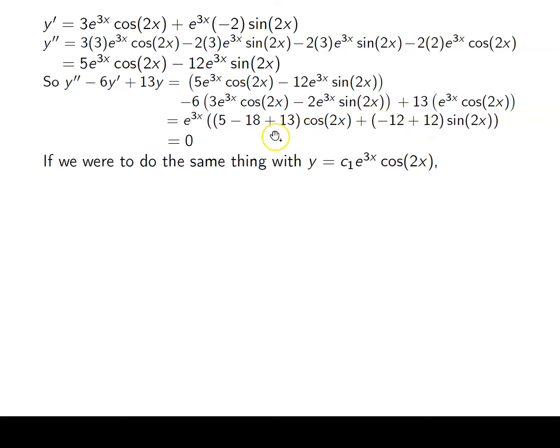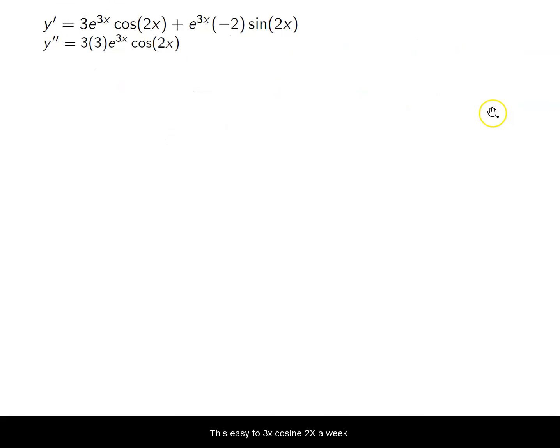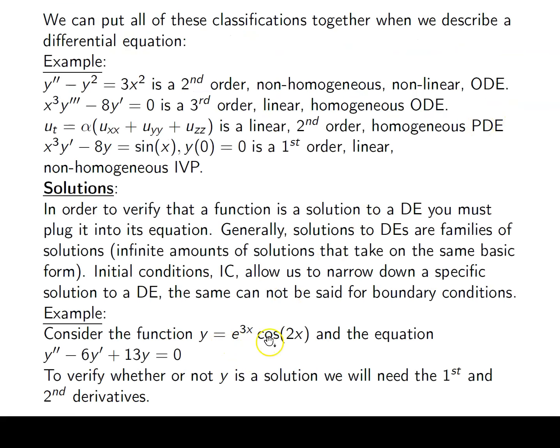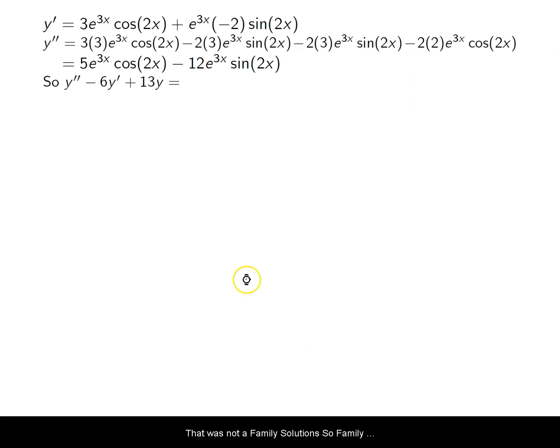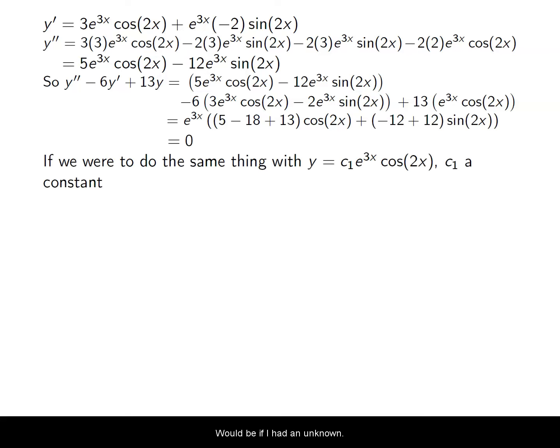So this was a very specific solution. This e to the 3x cosine 2x that we have here was not a family of solutions. A family of solutions of that form would be if I had an unknown coefficient multiple. If I were to do the same thing with y equals c1 e to the 3x cosine of 2x, it should work as well.